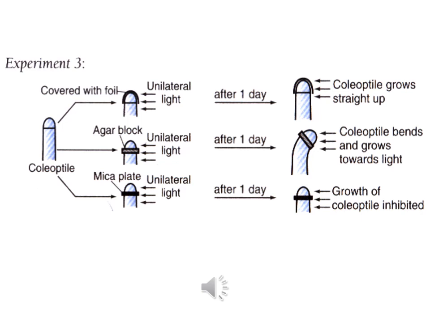Okay. Untuk agar block, kenapa dia membengkok? Okay, pertama sebab kita dah bagi unilateral light. Lepas tu agar block, macam seperti yang slide sebelum ni, agar block allow the diffusion of oxygen. So bila letak agar block, lepas tu cahaya sebelah kiri saja, of course shoot tu akan bend towards light, sebab agar block tu membenarkan oxygen diffuse melalui agar block.